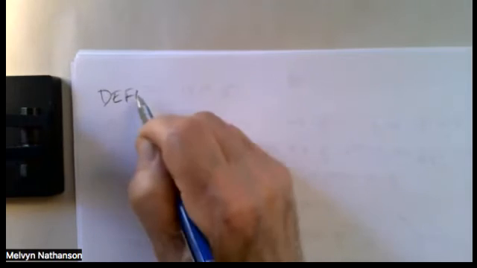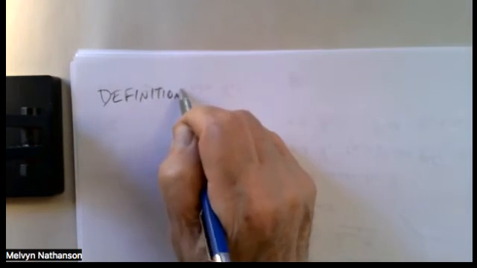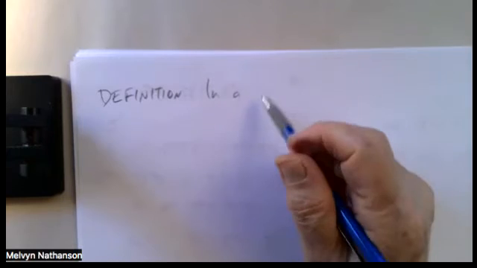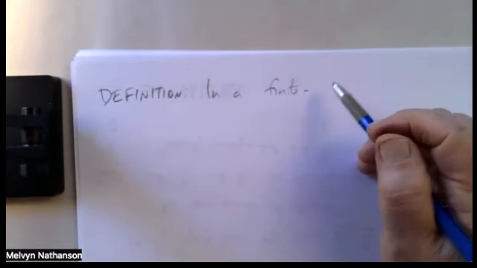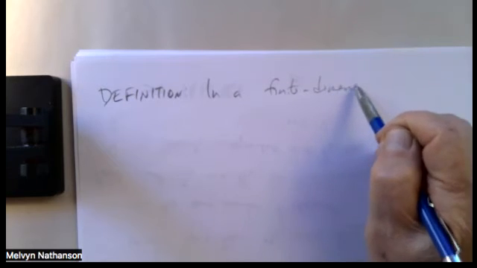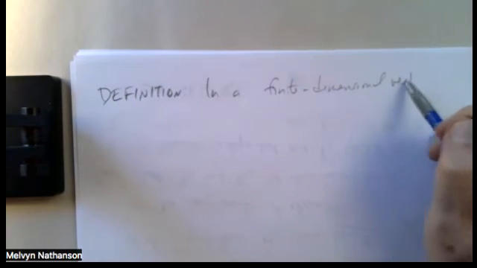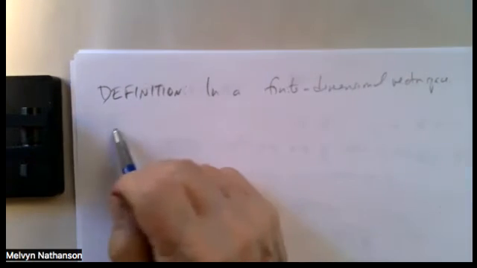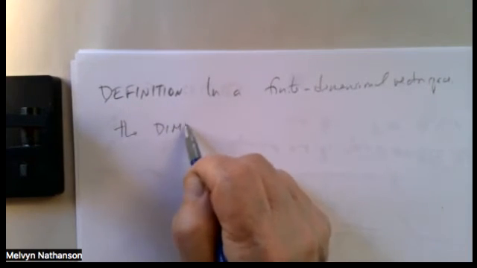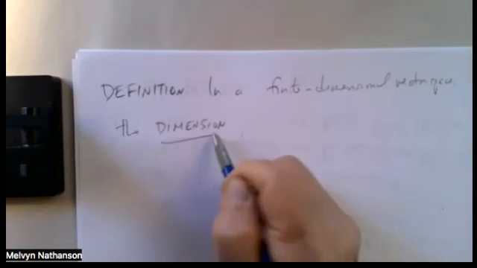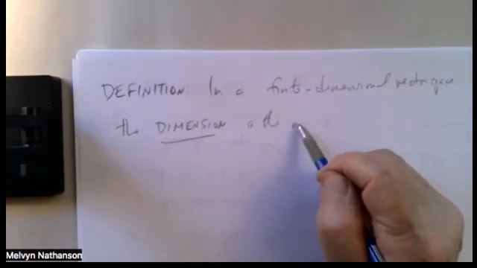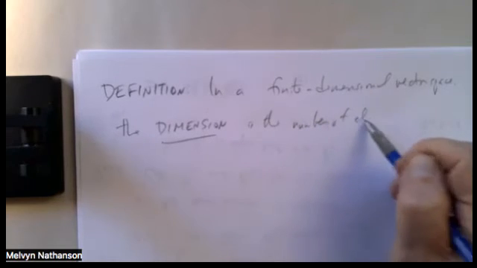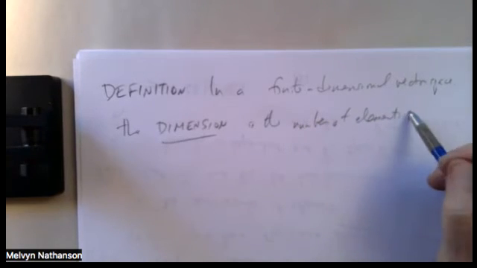So this gives us the fundamentally important definition of dimension. In a finite dimensional vector space, the dimension of the vector space is the number of elements, or the length, in a basis.